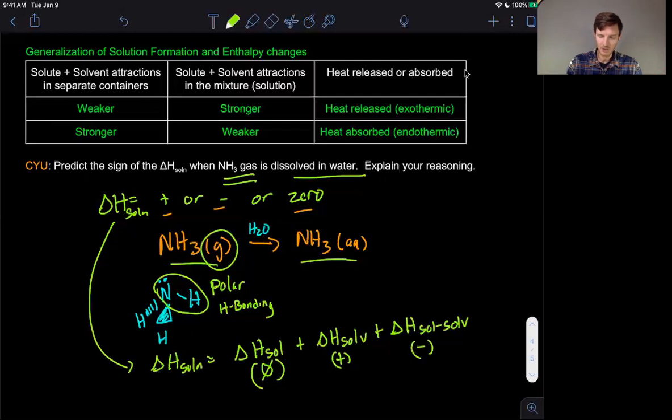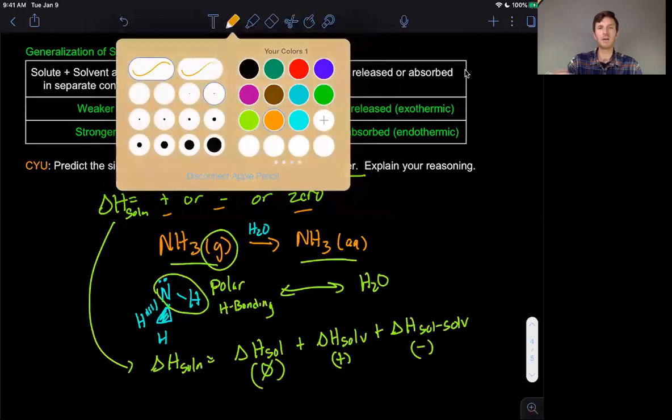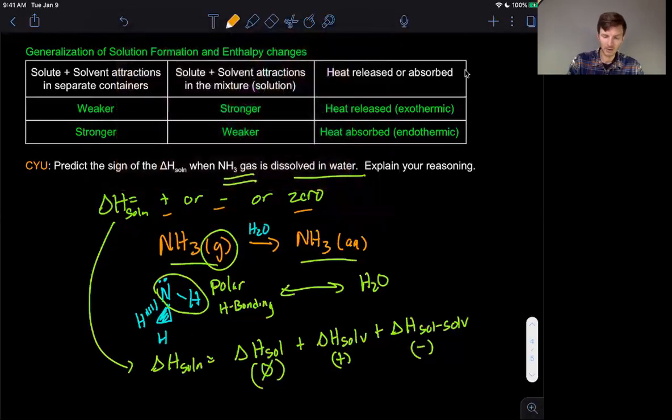Now, will this be more or less negative than our solvent interactions? Well, here we have an ammonia molecule, and that ammonia molecule is now going to interact with a water molecule. And we think, what kinds of interactions can those two molecules have? We're now going to form these new strong hydrogen bonds.